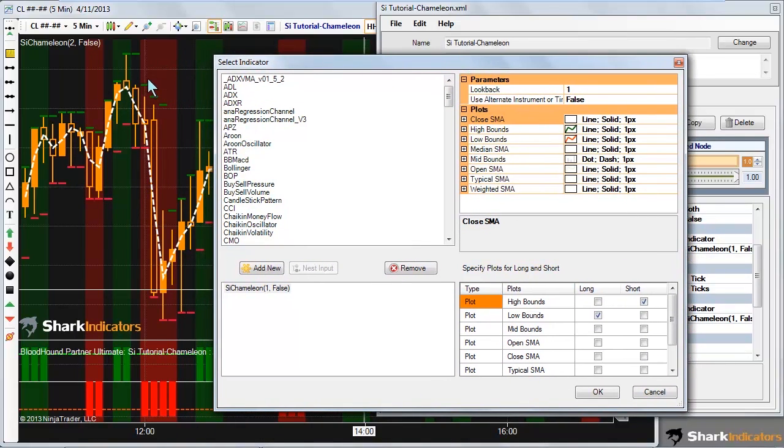Just to reiterate, when the high price keeps stepping down, I'm looking for a short signal, and when the low price keeps stepping up, I'm looking for a long signal. That's why I'm using the highs for the shorts and the lows for the longs.